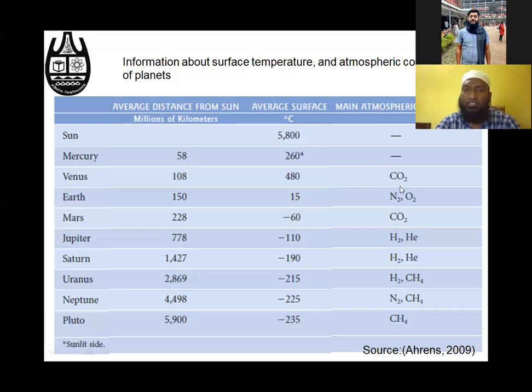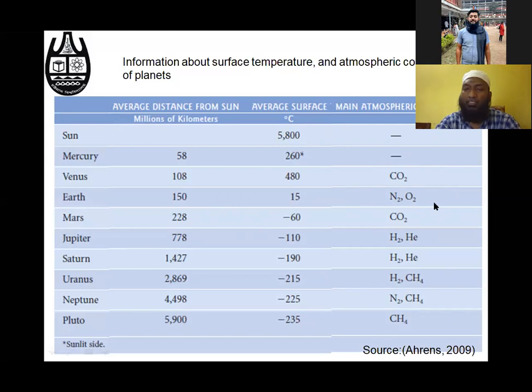I don't know what the main components of Mercury are, but in all the other systems you can see most of them are hydrogen. Those are the far away planets, and then the planets very near to Earth. Here you can see Mars and Venus have carbon dioxide, and in between them Earth has nitrogen and oxygen.